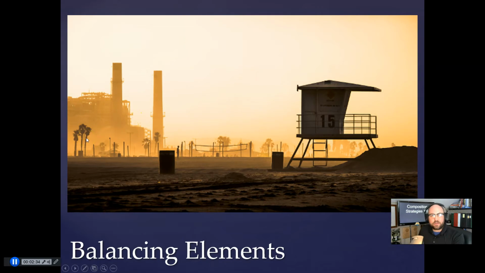Not only does it make an editorial commentary on maybe pollution or industrial America, but it balances out the 2 on either side of the image. If you didn't have this back here, or you didn't have this lifeguard stand right here, it would feel overweighted to one side. And that's okay if you're going for something like a rule of thirds, but if you're trying to balance it, you need those different elements to sit there and work together.